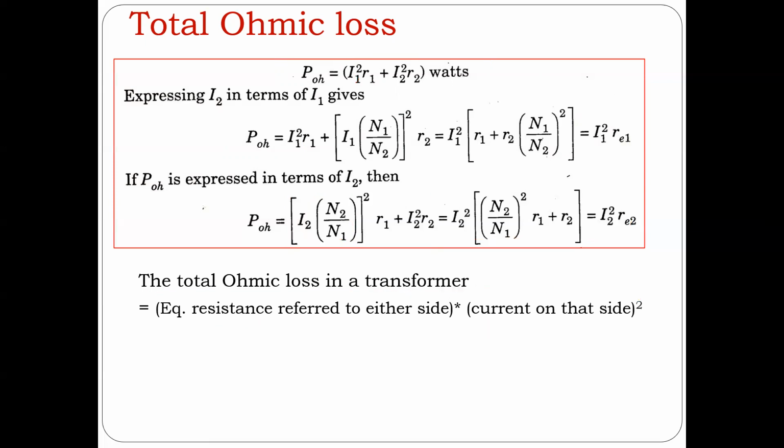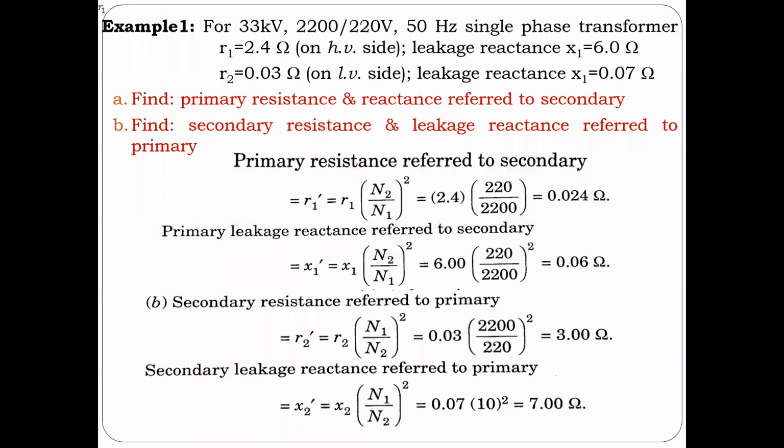Now let's test how much we have understood, and for that, let's solve an example. For instance, we are given a 33 kV, 50 Hertz, single phase transformer, with ratings given for the primary and secondary.